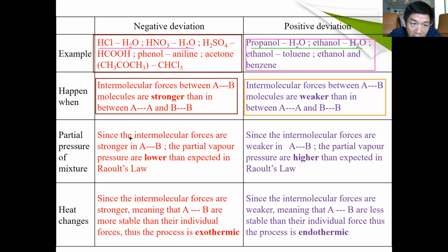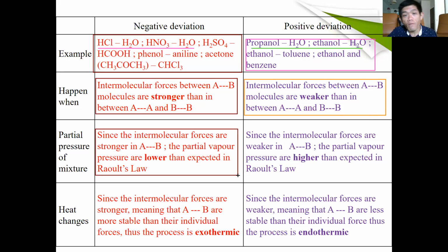In terms of partial pressure of a mixture, since we say it has greater intermolecular forces, when you have stronger intermolecular forces, it's harder to vaporize, isn't it? When it is harder to vaporize, it will lower the vapor pressure.